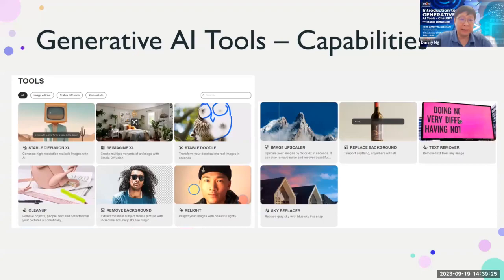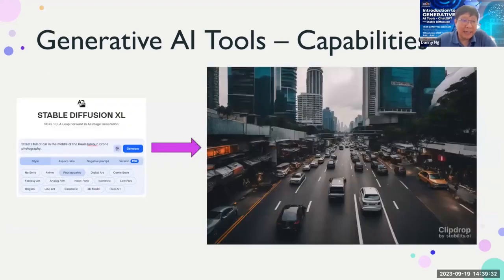Just now I talked about, for example, I'm actually preparing an article for the best car in Malaysia. I need an image that I can use as my cover image for my article itself. So for example, I can use this to generate. I gave a prompt: street full of cars in the middle of Kuala Lumpur, drone photography, and I want it to be photographic.